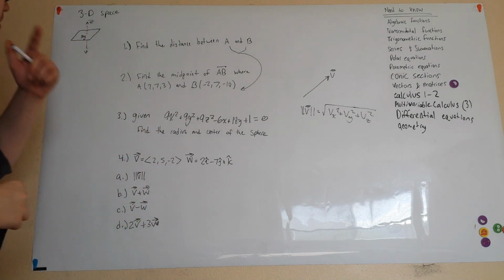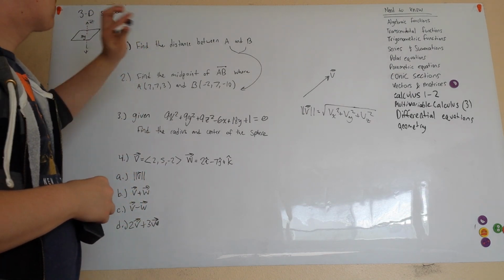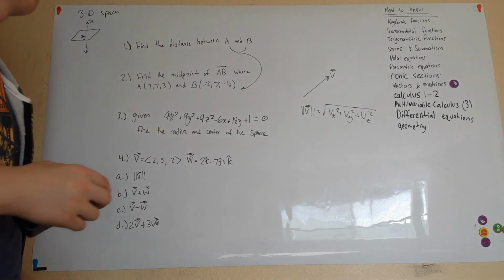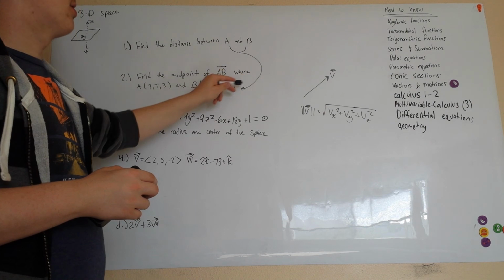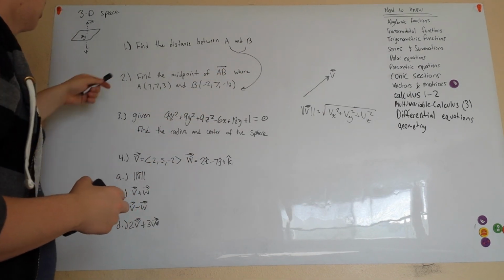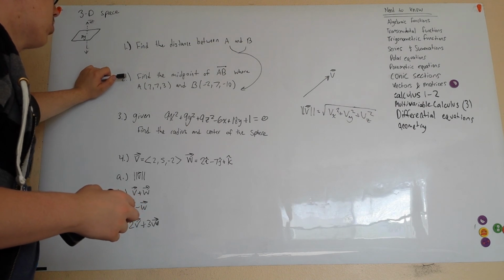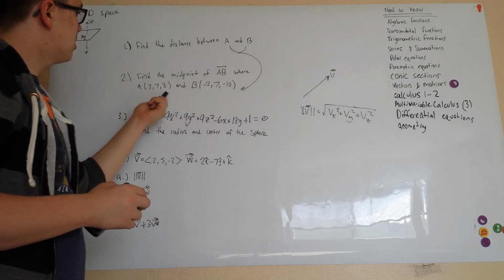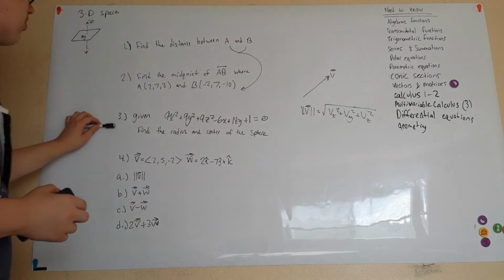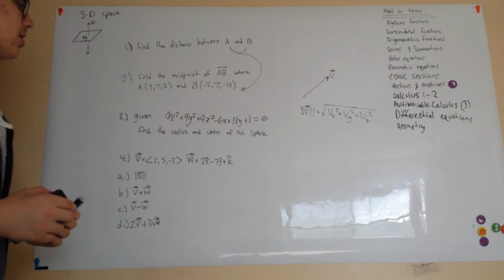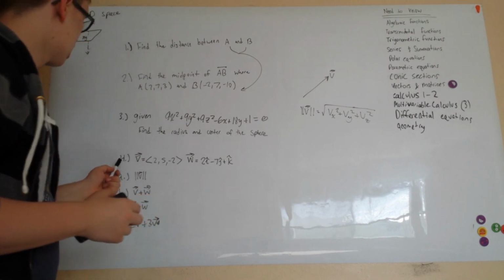But here are your three problems. Number one says find the distance between point A and point B. Number two, find the midpoint of the segment AB, where A is this and B is that. Number three, given this equation, find the radius and the center of the sphere.